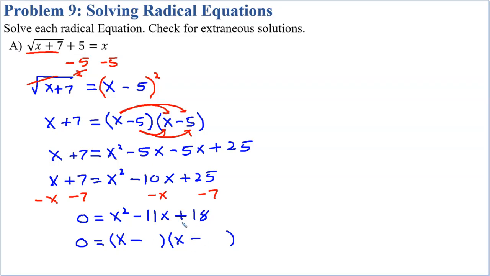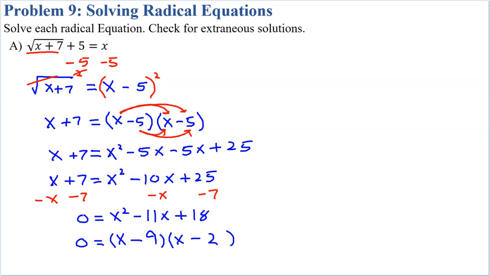And then to get the 18 and the 11, what I'll need is a minus 9 and a minus 2, because negative 9 times negative 2 gives me that positive 18. And then if I do my outer and inner pieces, I'd have a negative 2x and a negative 9x that will add to the negative 11x there. So we know we did, in fact, FOIL things correctly.